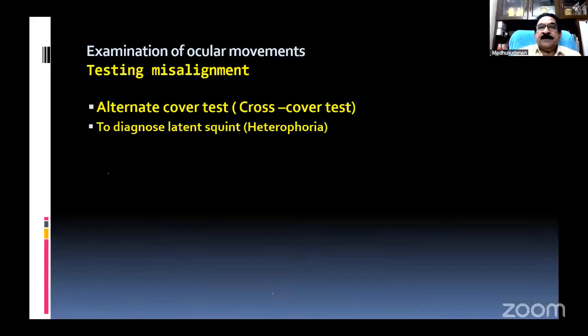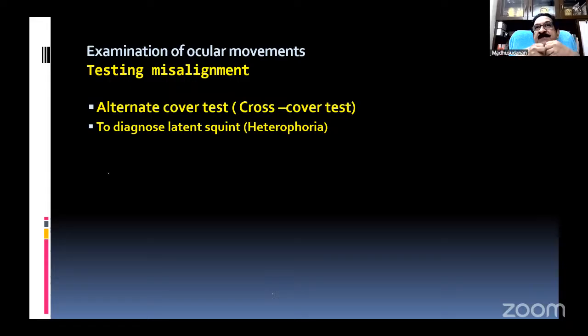Then there can be a squint which is masked. For example, you and all may be having a mild squint, but that will not be symptomatic because you have got a functional convergence system which makes your eyes align when you do binocular vision, when you want to focus with both eyes.